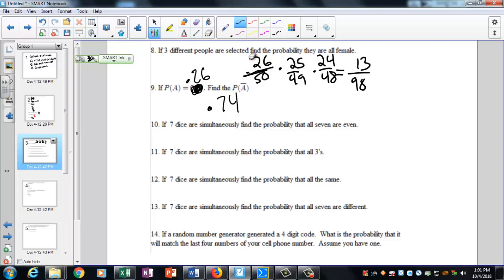Okay. Now, we're going to roll 7 dice simultaneously. What's the probability that all 7 are even? That would be 1/2 to the 7th power. Does that make sense? That goes down to the whole thing about it's the probability of a single event occurring raised to the number of times it has to happen.